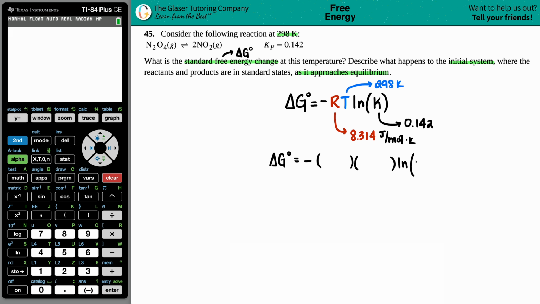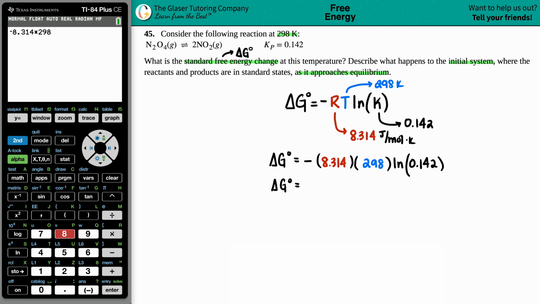There you go. Plug this all into the calculator in one shot. The calculator will understand what's going on. So negative 8.314 times 298 times natural log, which is ln, of 0.142, close those parentheses, and then press enter.